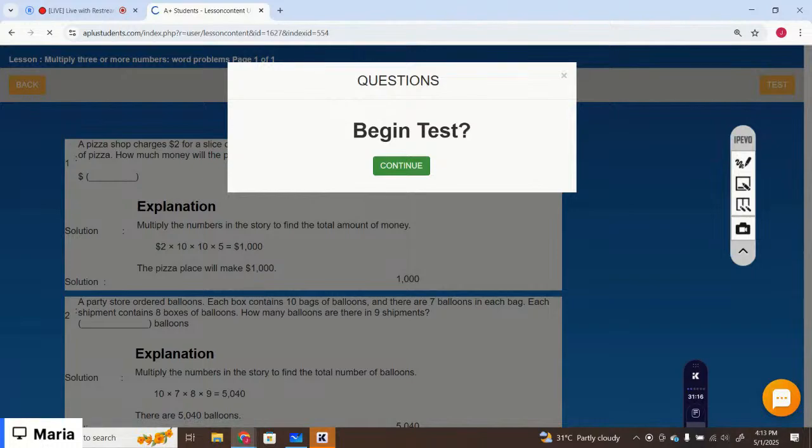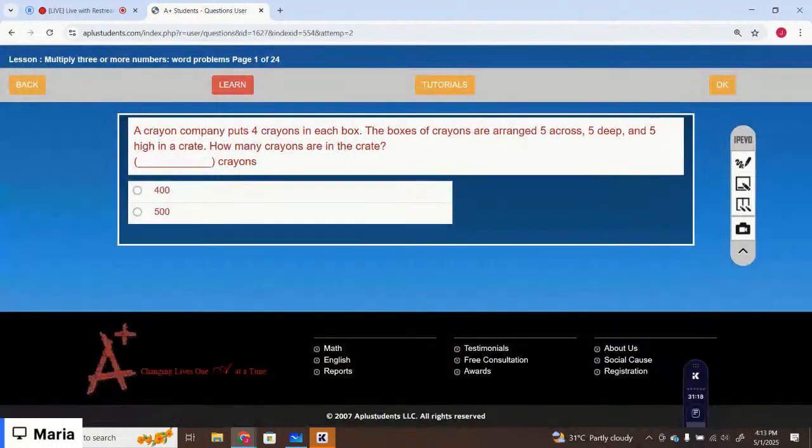Okay, Crayon Company. A crayon company put four crayons in each box. The boxes of crayons are arranged five across, five deep, and five high in a crate. How many crayons are in the crate?